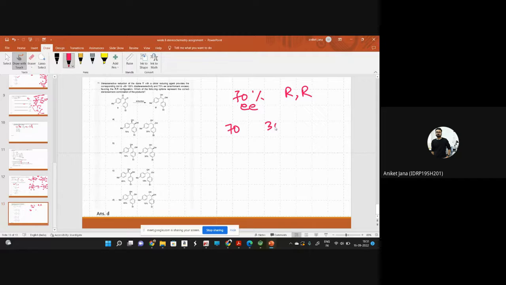Within this 30%, there is also 15% RR and 15% of the other. So the total is 85% of the RR. Can you get it?